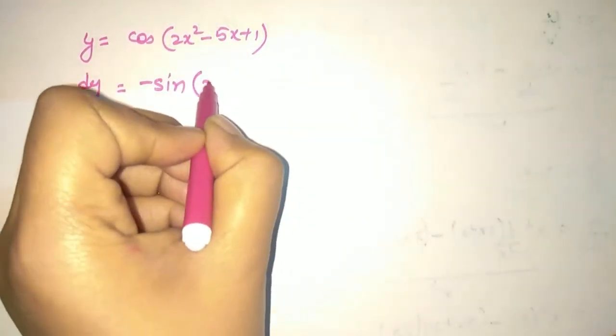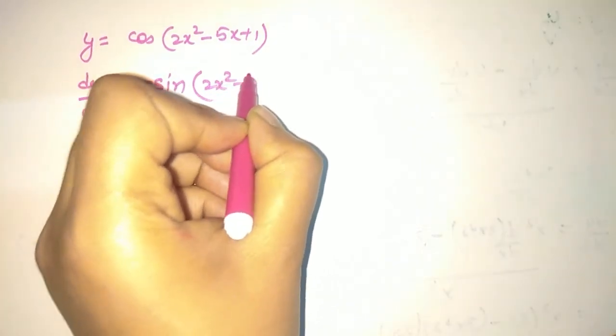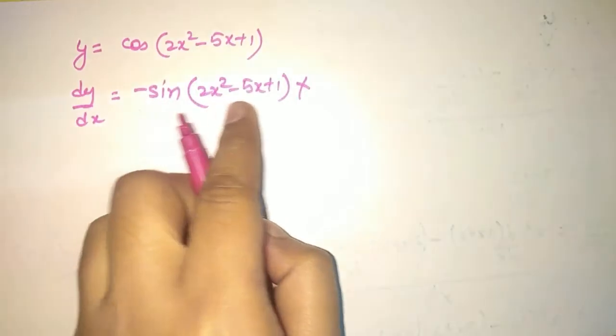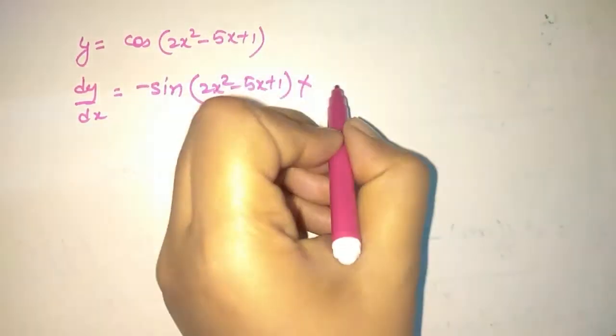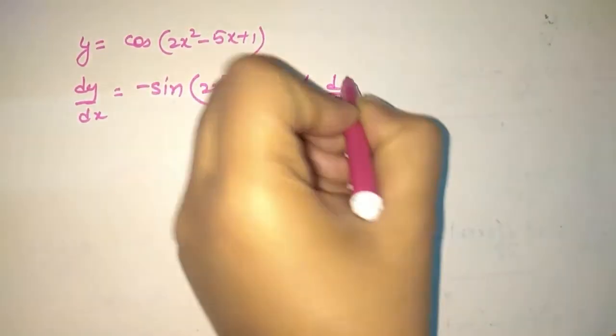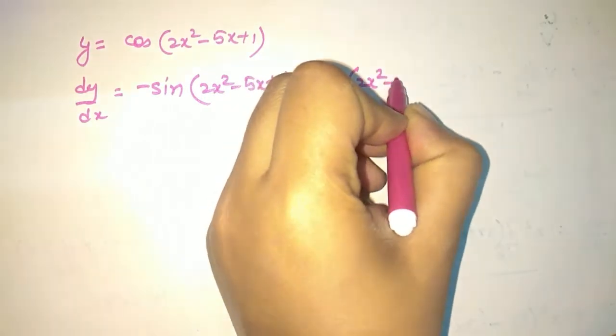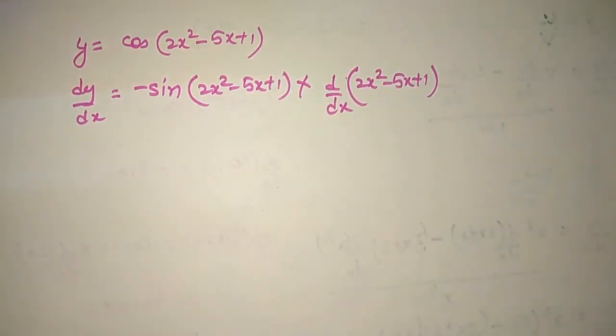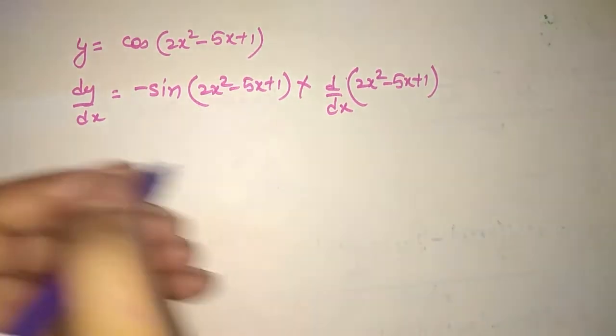Again theta will remain as it is. Now we need to find the derivative of theta, that is d upon dx of 2x square minus 5x plus 1. Clear?